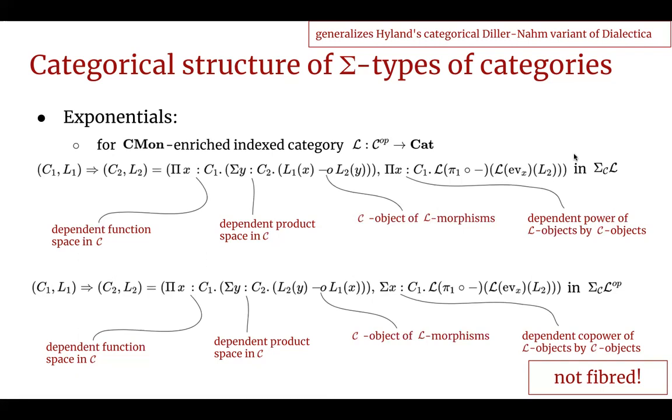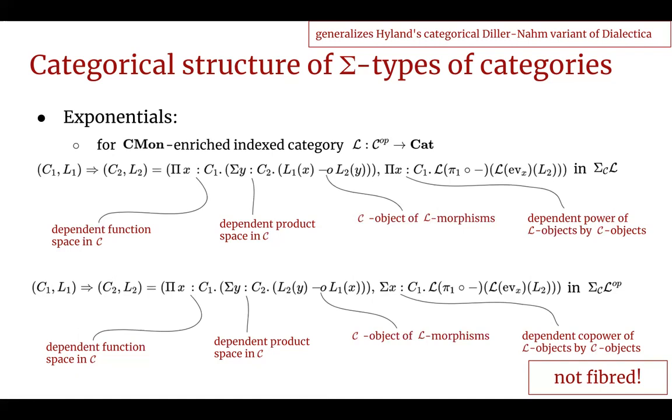And after doing this work, we realized that actually there's a relationship with some known work after all. And it turns out that what we've given here, this exponential construction, at least in the special case, was already known to Martin Hyland and probably already to Diller and Nahm, because what we're doing is we're generalizing Martin Hyland's construction of his categorical account of the Diller-Nahm variant of the dialectica interpretation.